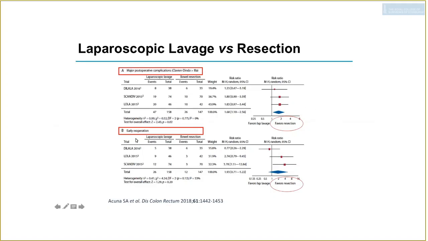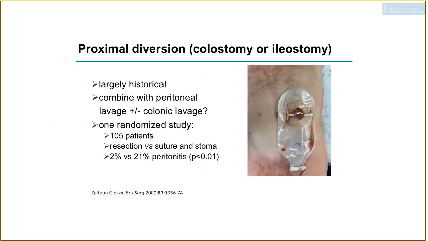And indeed, if you look at early reoperation, in other words, failure of the various techniques, it comes out in favor of resection. So there's been a rethink about the place of laparoscopic lavage. I think following that initial enthusiasm, it's become much more disappointing, and we're really moving away from that approach now.